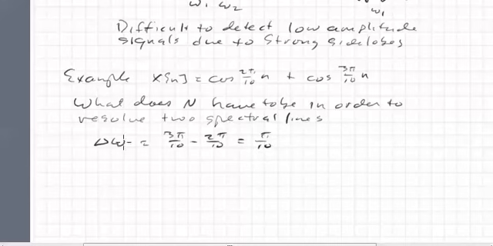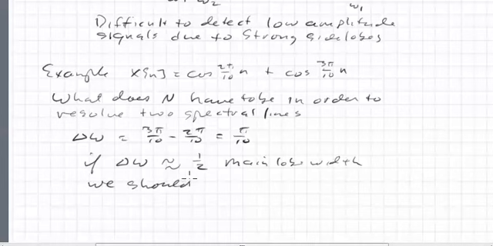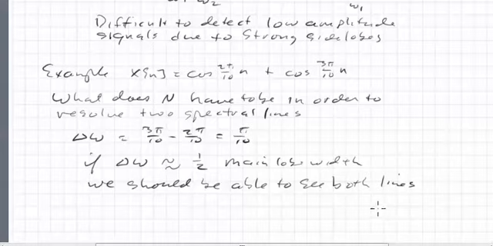We need this delta omega to be larger than the sinc function lobe is. In fact, I'll make this argument that if delta omega is about 1/2 of the main lobe width, then we should be able to see both lines. No guarantees. But that's my argument.